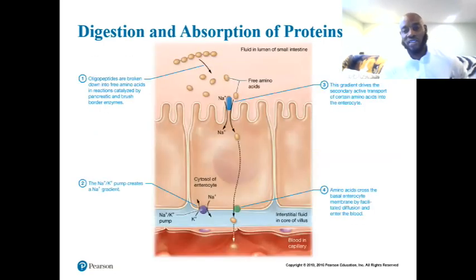And this is the diagram for digestion and absorption of proteins. Oligopeptides, chains of peptides, are broken down into free amino acids, passed into the enterocytes.